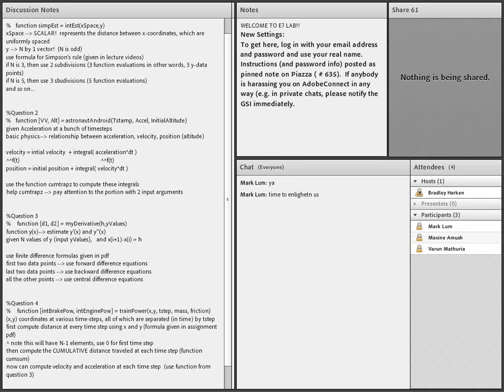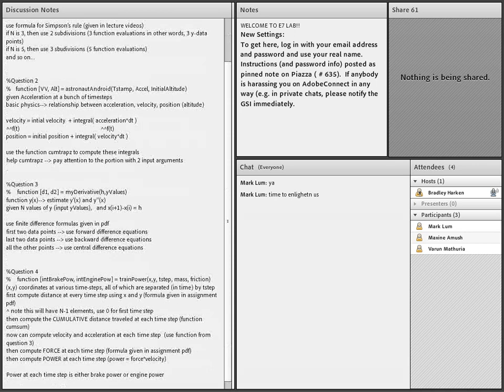So for that, it's just simply the idea that the power at each time step is either brake power or engine power. And how do you know which one is which? Well, if it's greater than or equal to 0, it's engine power. If it's less than 0, it is brake power.